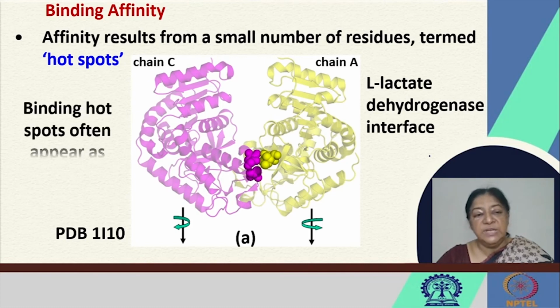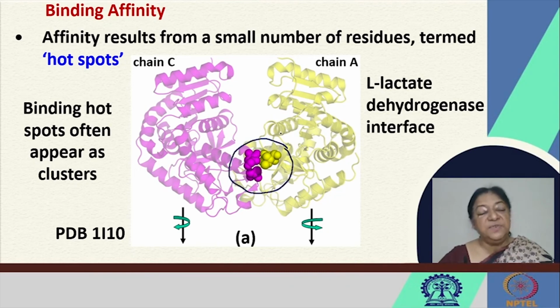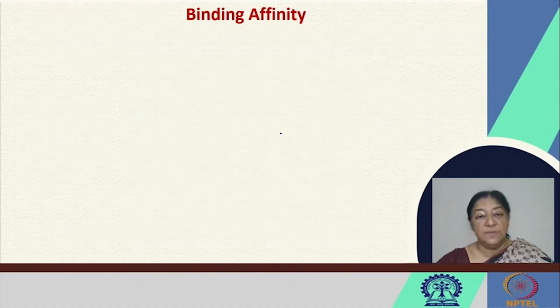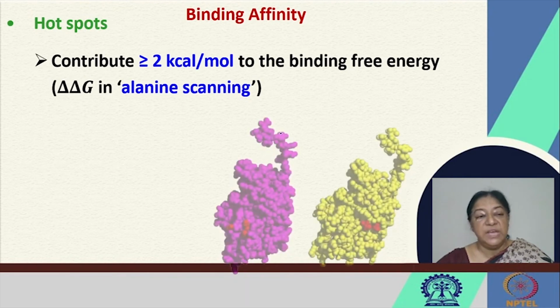So the binding hotspot that we see in this particular example, where we have the lactate dehydrogenase interface, indicates that in chain A and chain C, there are specific binding hotspots that actually appear as clusters on the surface. And these hotspots contribute to the overall delta delta G of the binding free energy.